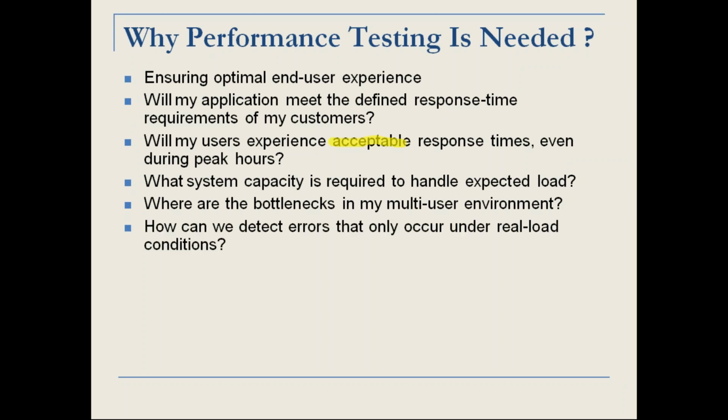Okay, how do we detect errors that only occur under real world conditions? This we have already discussed. In functional testing, everything is working fine. IRCTC is an example. Only in real production, what happened till 2 years back or so, is that all the 1 lakh users or 10 lakh users are hitting at the same time, and I'm getting white pages.